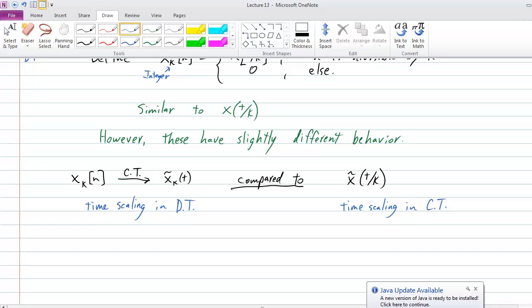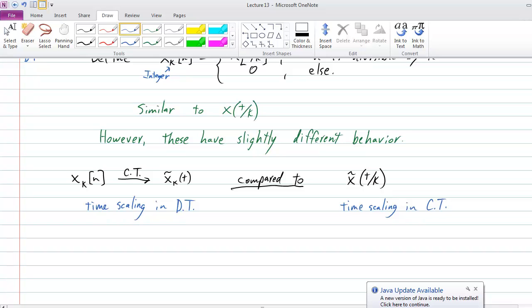So what we can do here is write this delta function as delta of t minus n k t over k. I haven't changed anything yet, I just manipulated the argument a little bit.